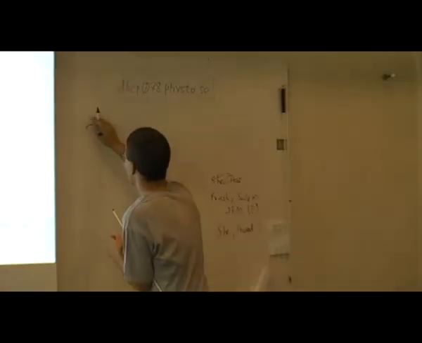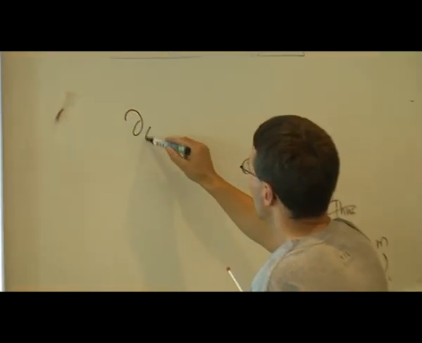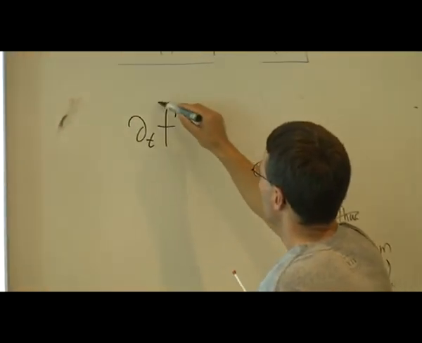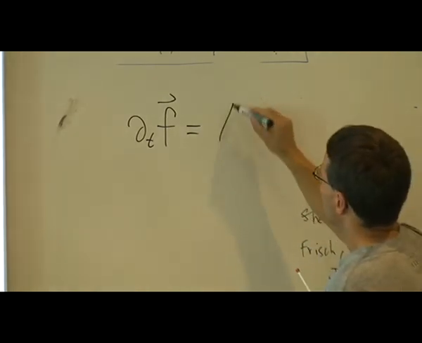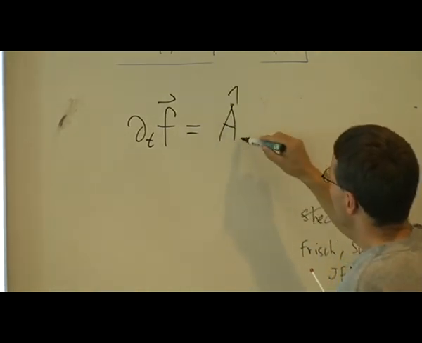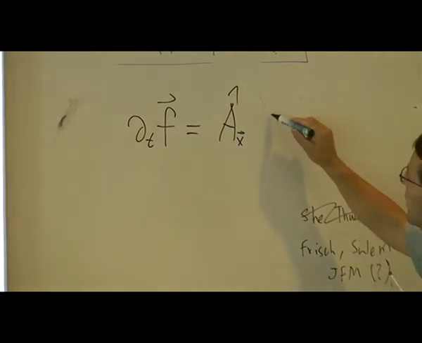What we are solving in the code right now, and I really don't want to change that without any good need, is df by dt equals some operator that is just a spatial operator acting on f.